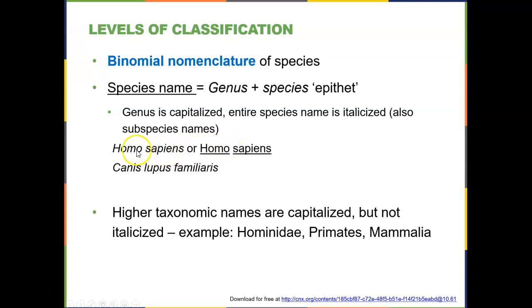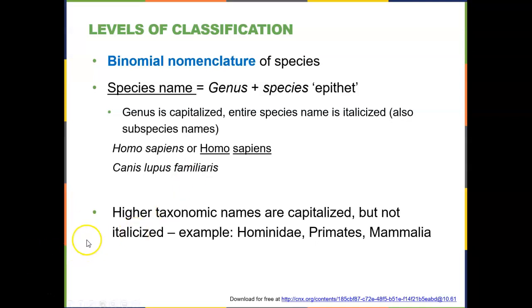Now, if you're handwriting, it's easier to underline instead of using italics, but you need to do one or the other. Within some species, we have a subspecies. Here we see Canis lupus familiaris. These are domestic dogs. Canis is the genus, lupus is the species, and familiaris is the subspecies.